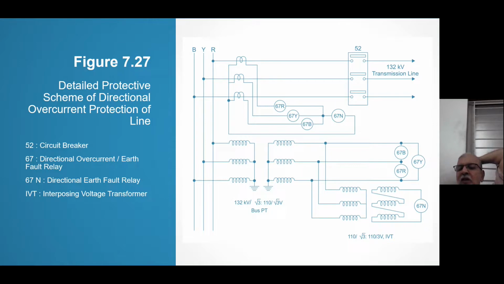So the direction between 67N in the current coil and voltage coil will be there. So the earth fault is also connected. So this is how in a directional relay the physical connections are done. You do not have to do anything in the relay. 90 degrees you have achieved. But in a numerical relay they do give different angles, 0 to 360, whatever you want to adjust, you can adjust.